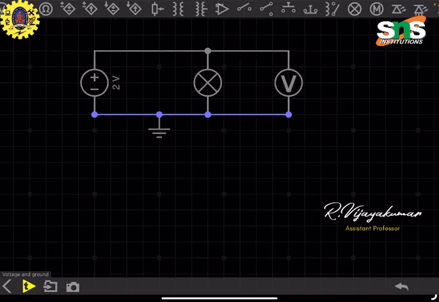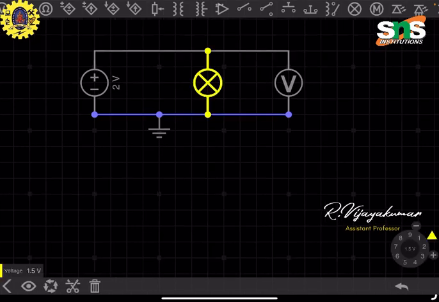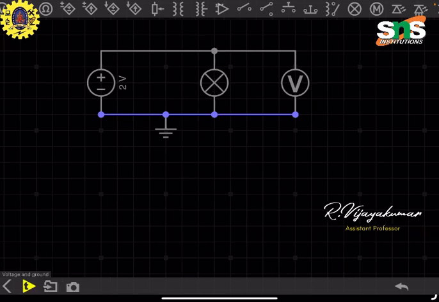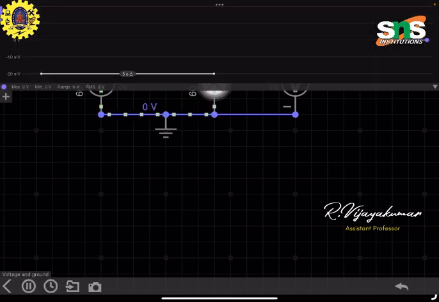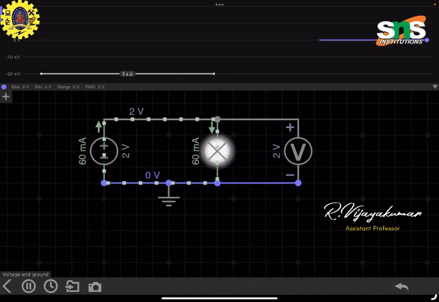Now we need to configure the voltage sources. Here this is 2 volts, and the lamp's operating voltage is 1.5. I'm taking this lamp load as 1 volt. Now I'm simulating. What will happen? See this 2-volt power supply. The lamp is taking 60 milliamps. Why the lamp is taking 60 milliamps: in the last class we discussed it with the help of the power equation.